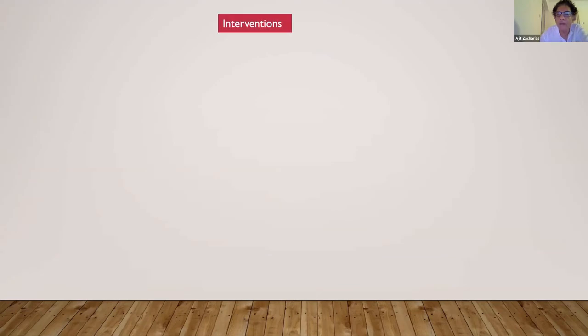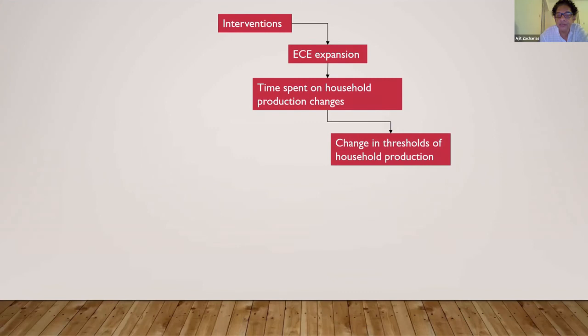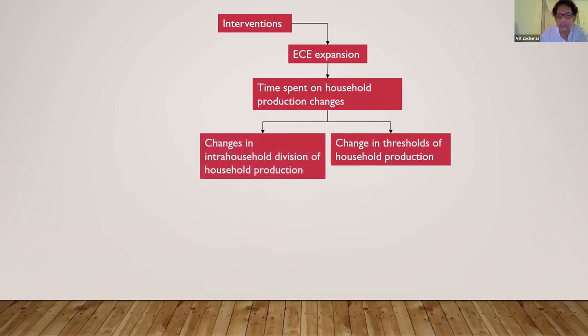Starting at the very top with the intervention, let's look at the ECE expansion. As we saw, that can change the time spent on household production by individuals, that can change the thresholds of household production. Also, by changing the bargaining variable, it can change how the household production responsibilities are split up among the individuals in the household.